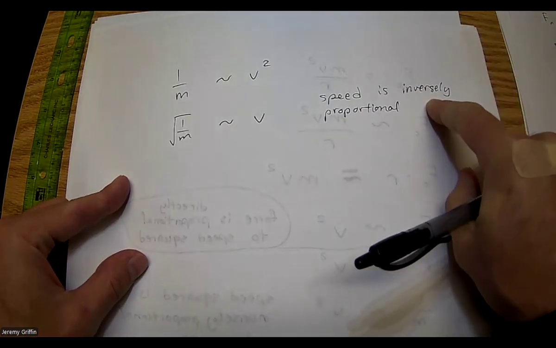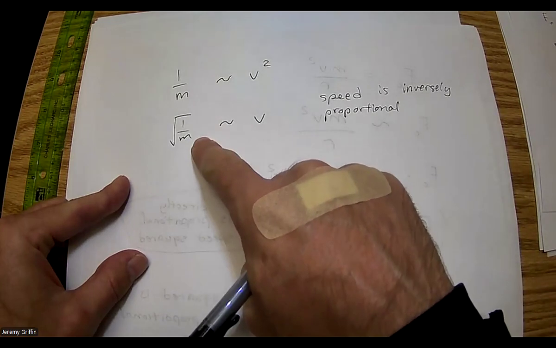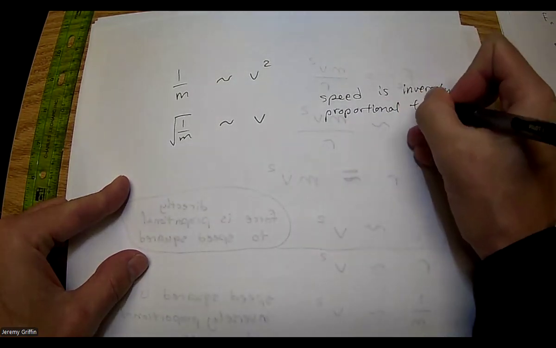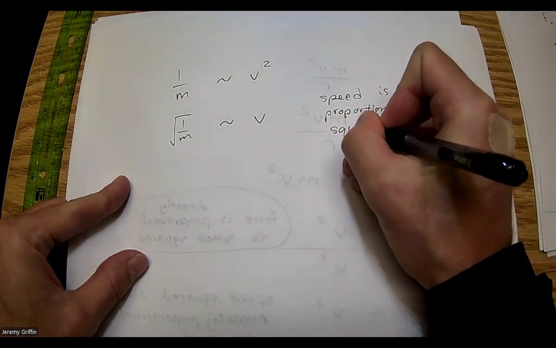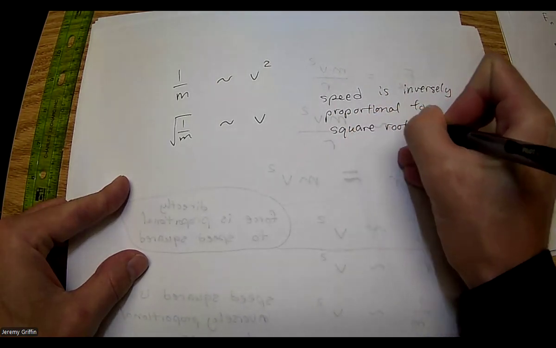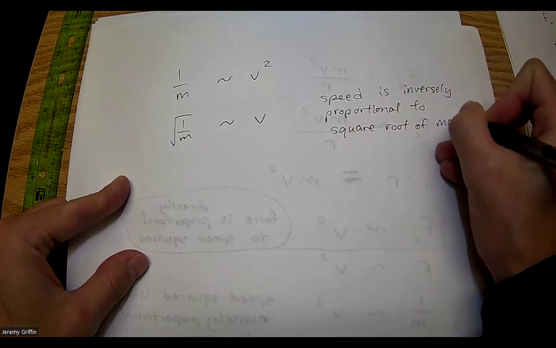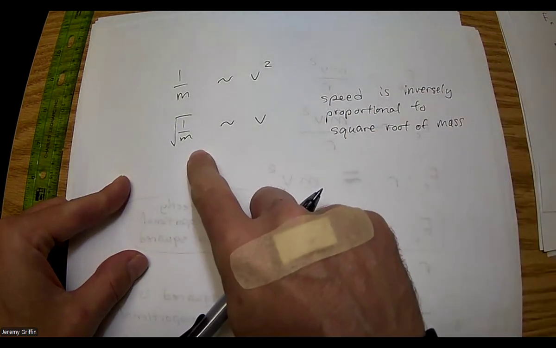The fact that I said inversely already takes care of the fraction 1 over, and now the square root of the mass. It's the mass that's underneath the square root.